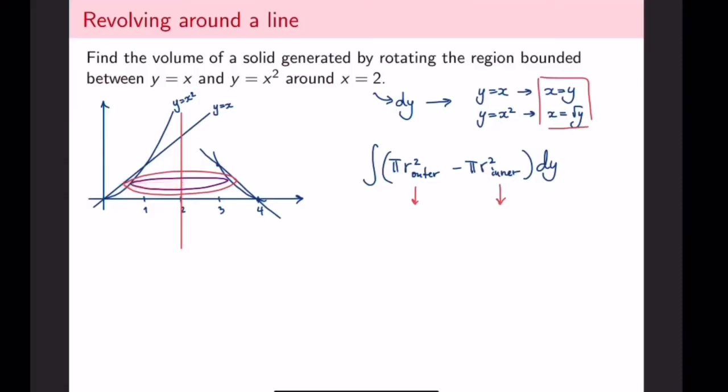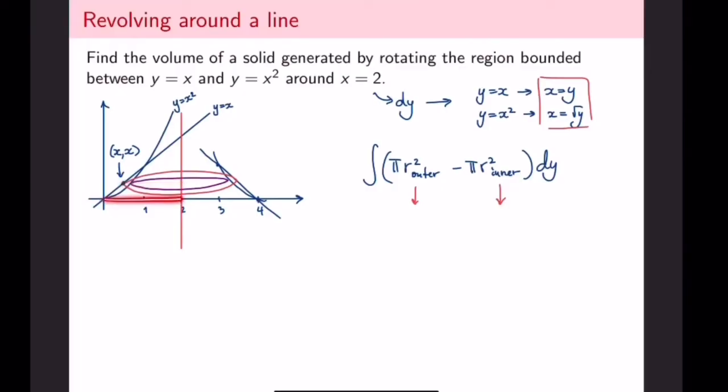If you want to take a second here, pause the video and try to figure out what does it actually have to be. I know what the coordinate of this point is. The coordinate of this point is x, and it lies on the line, so it's x. And what I want is the radius, which is this much. Okay, so if I want this much, I know that this whole thing is 2, because this was rotating around x equals 2.